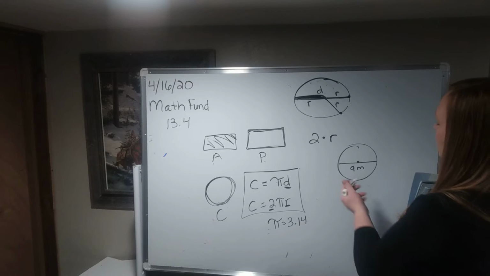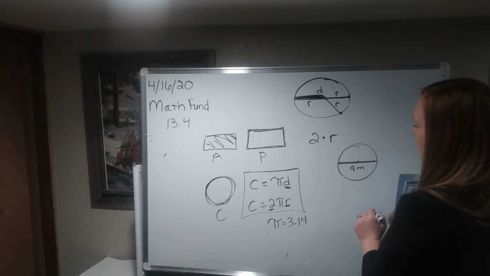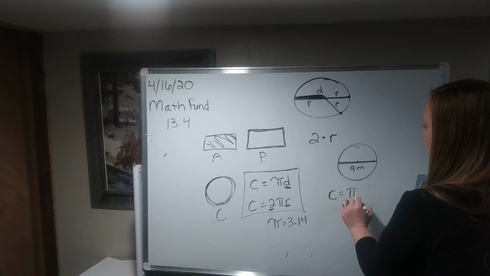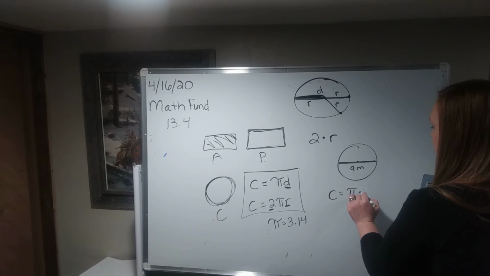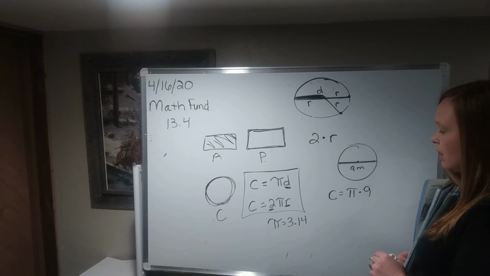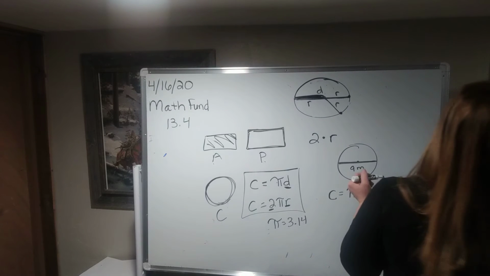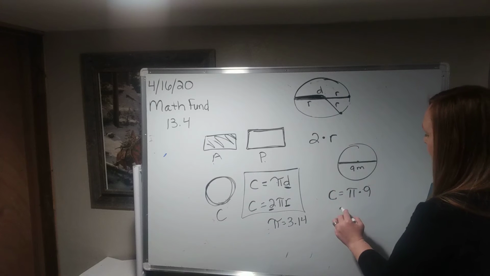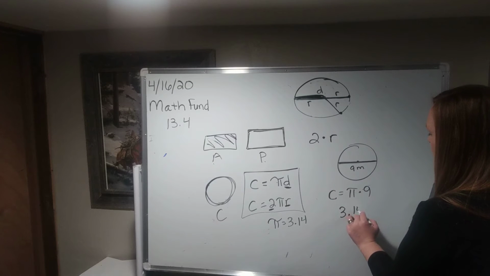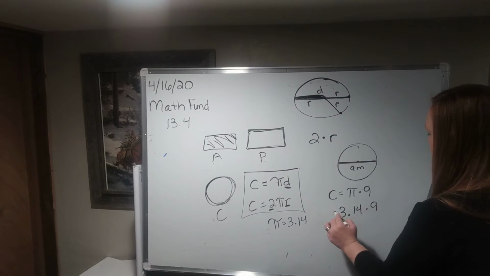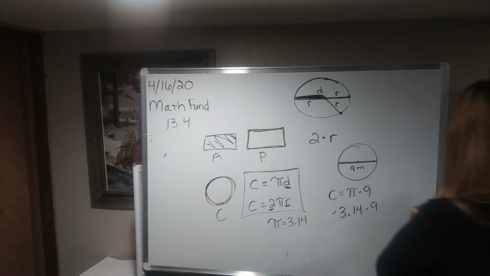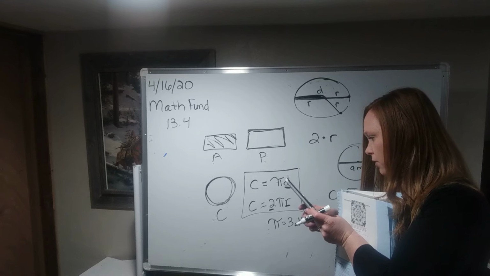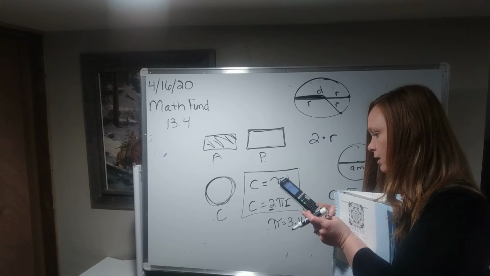Okay, so it gave us this whole entire diameter, so I'm going to use this formula. C equals pi times 9. Okay, so Colton, can you get me the calculator, please? So I'm going to go ahead and punch this into my calculator, 3.14 times 9.